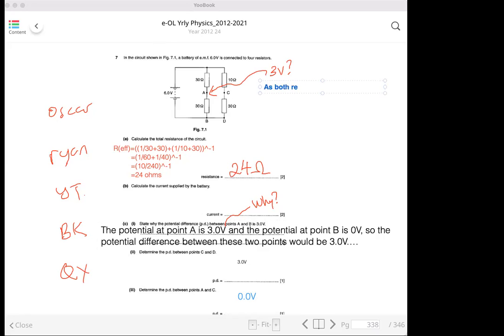As both resistors have the same resistance of 30 ohm, the EMF of 6.0 volt is shared equally between the two resistors, giving a potential of 3.0 volt at point A. Is that clear?